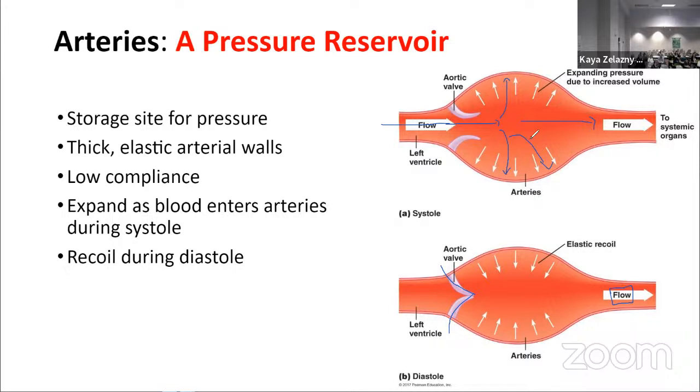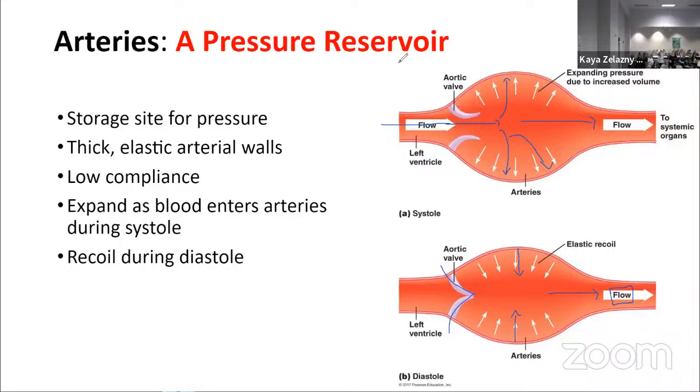So the arteries are working the same way. In diastole, when we don't have more blood coming in, we have recoil from the walls, which pushes that blood back in and means that we continue to have flow out to our body. So it's really important that these arteries can act as a pressure reservoir. Okay.